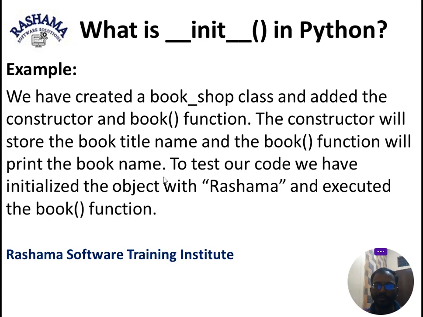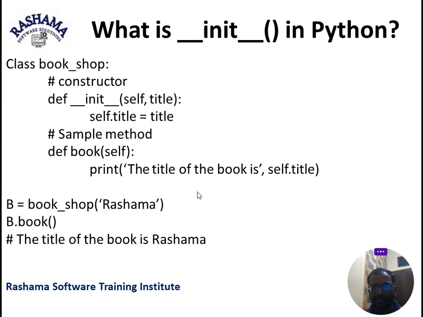To test our bookshop class with the constructor and book method, we have initialized the object with the title Rashma and executed the book function. Let's see the source code.